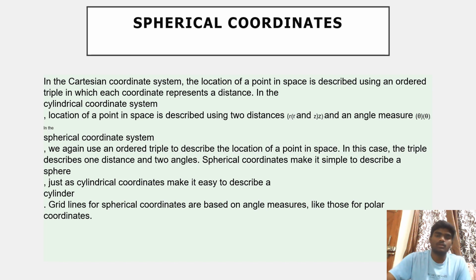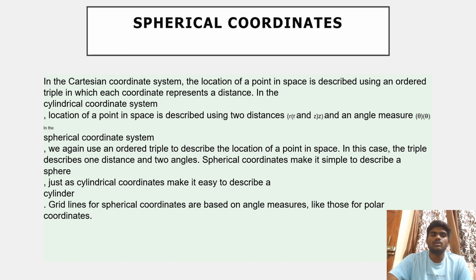Now the spherical coordinates. In the Cartesian coordinate system, the location of a point in space is described using an ordered triple in which each coordinate represents a distance. In the cylindrical coordinate system, the location of a point in space is described using two distances and an angle measure.